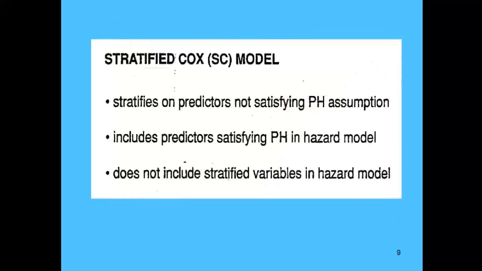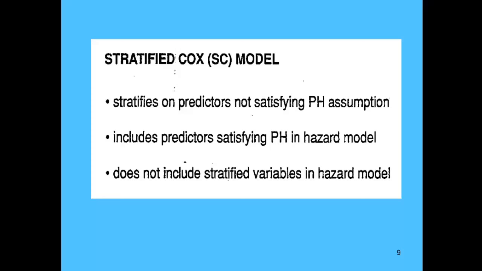So what do you do? You use what's called stratified Cox. Now here's what it is. This is basically what I've already said, but I'm writing it down a little more specifically. The stratified Cox model, sometimes called the SC model, stratifies on the predictors that don't satisfy the assumption. So if there's only one predictor, and that's the sex variable, you don't put it in the model, you stratify on it.